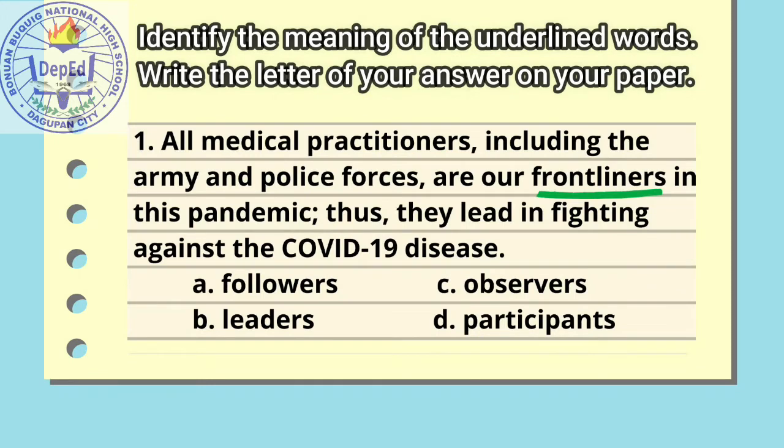All medical practitioners, including the Army and police forces, are our frontliners in this pandemic. Thus, they lead in fighting against the COVID-19 disease. The underlined word is frontliners. Here are your choices. A. Followers, B. Leaders, C. Observers, D. Participants.